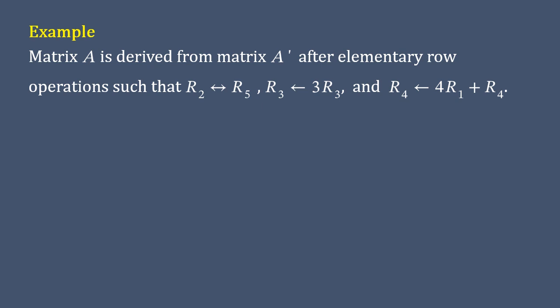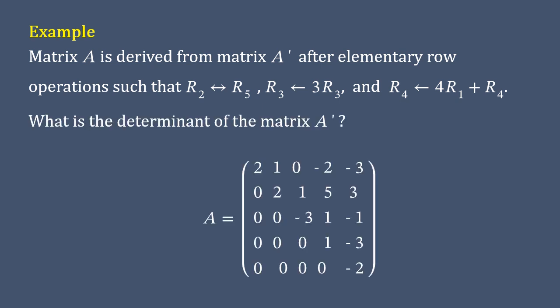Suppose matrix A is derived from another matrix, denoted by a prime, after the elementary row operations listed in the task. The row operations include interchange of two rows, a multiplication of a row by a multiplier, and the addition of two rows. The question is, what is the determinant of the matrix A prime, if the matrix A is given?